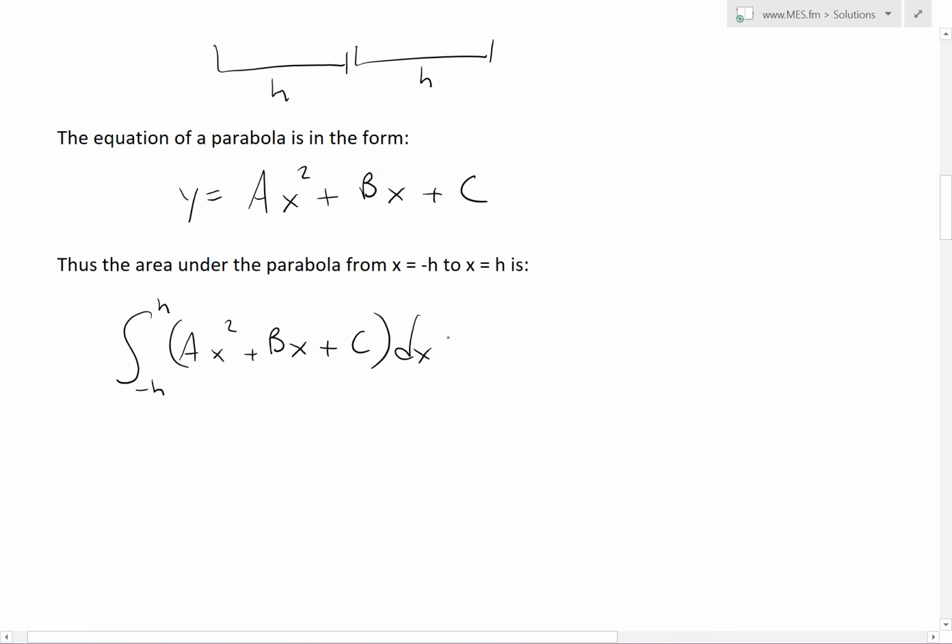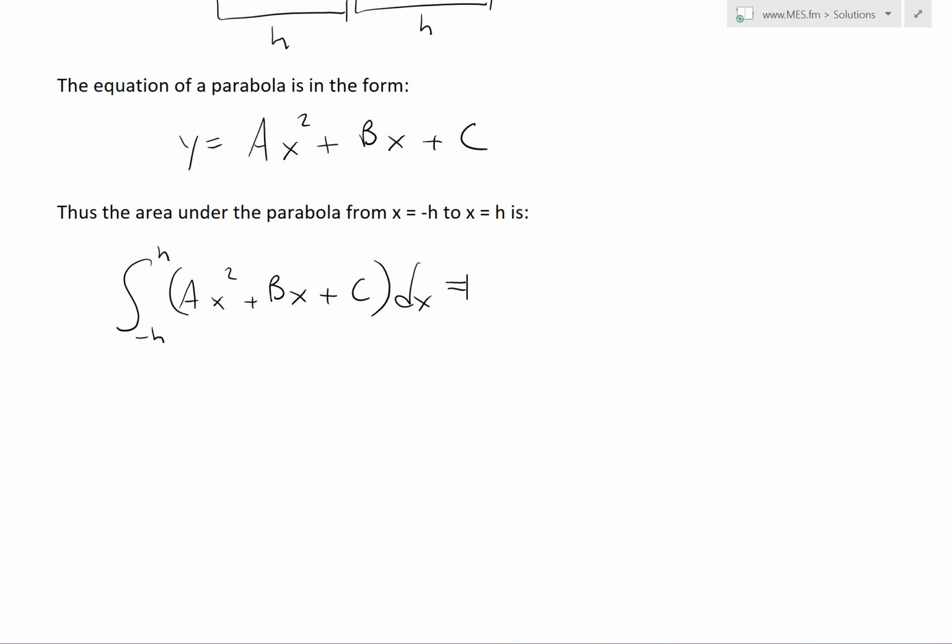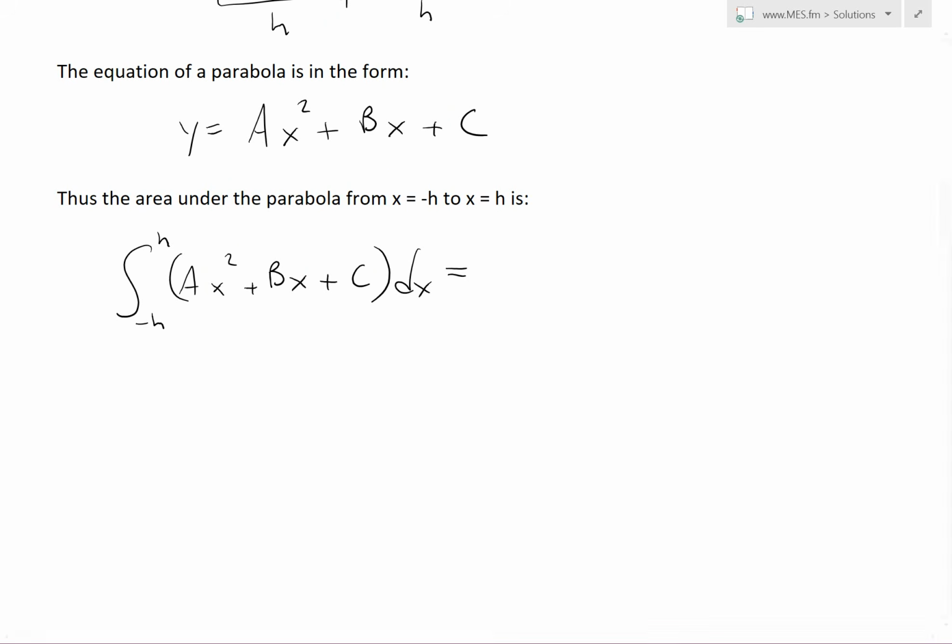Now we can simplify this by using the facts about even and odd functions. If we break this up into the integral from negative h to h of ax squared plus c, because these terms don't change whether you have a negative or positive value. Putting in negative h is just going to be squared, and putting in h is the same as putting in negative h.